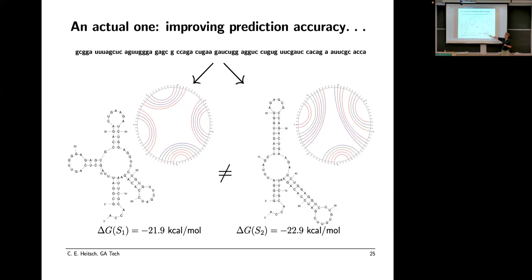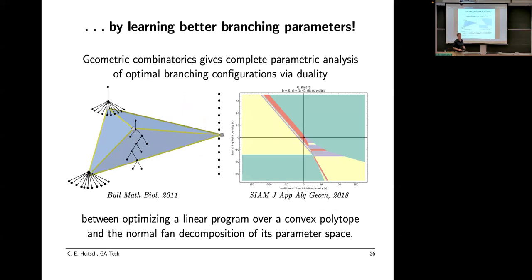We're supposed to get a four-armed cloverleaf structure, but instead this sequence, which is a real tRNA sequence, the thermodynamic optimization says its optimum would actually be this three-armed one instead. This suggests that we can perhaps improve prediction accuracy if we understand better how the thermodynamic model is scoring those branching loops.